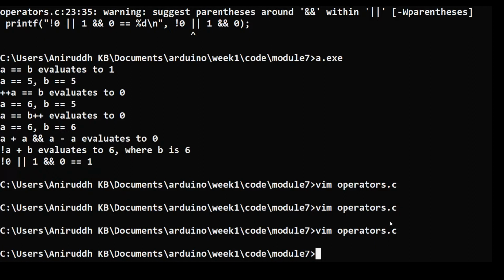So 1 and 0, that thing evaluates to 0. Which means we are left with 1 or 0, which evaluates to 1. Hence 1. That's it when it comes to equality, inequality, and logical operators.